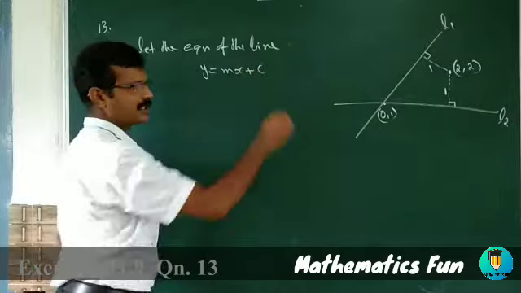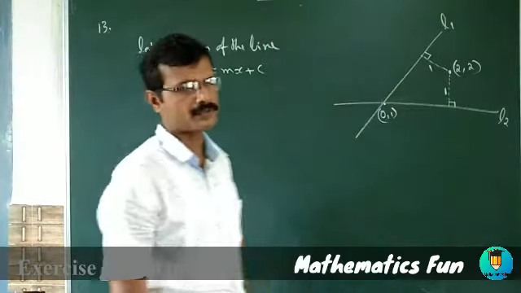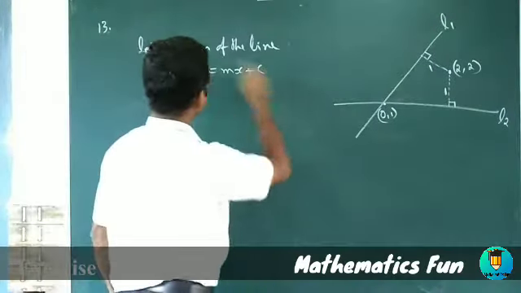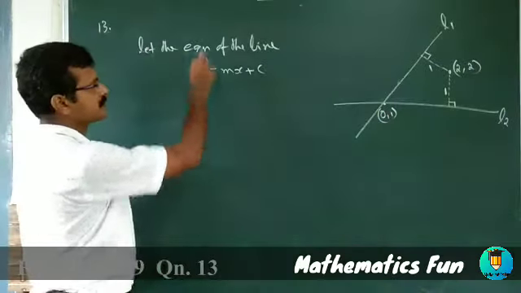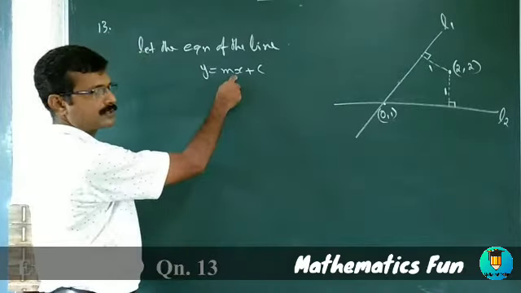If you want, you can go by the other method, the equation of the line passing through 0, 1, that way also you can do it. So I am using this. Let this be the equation of L1 or L2. It passes through 0, 1, so I can put here x is 0, y is 1.